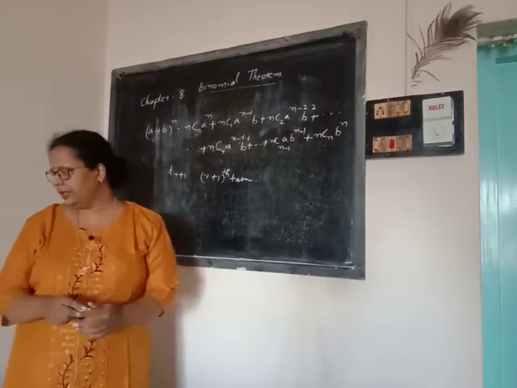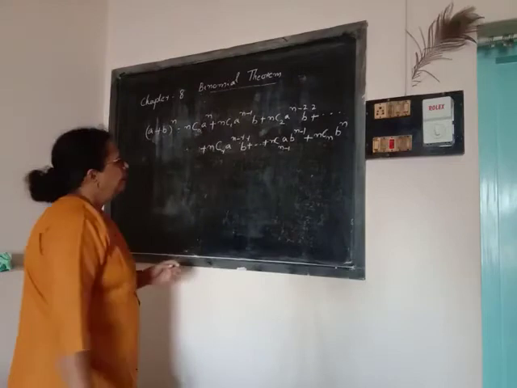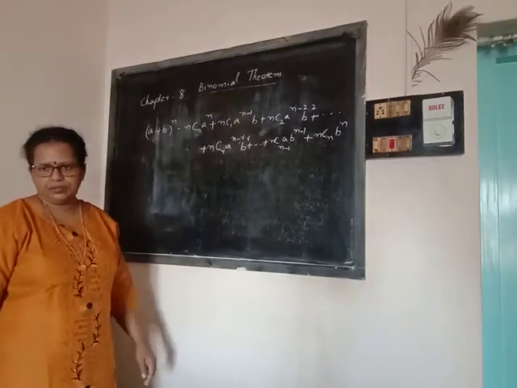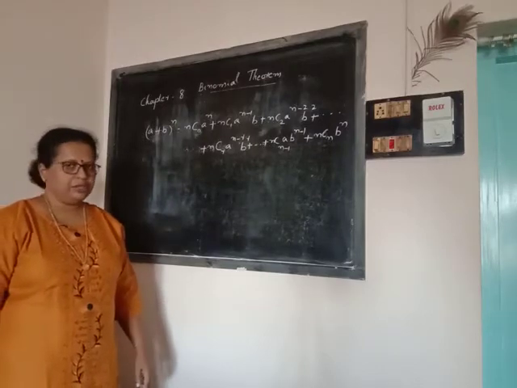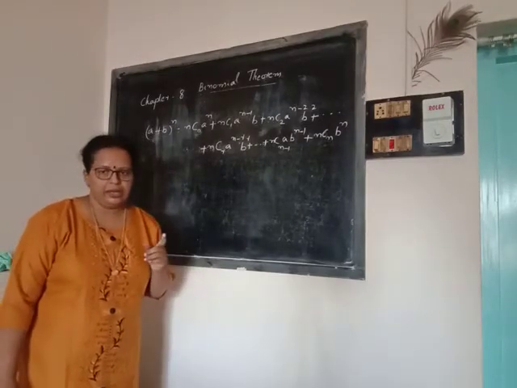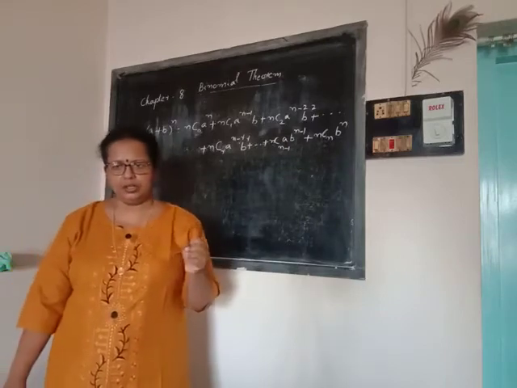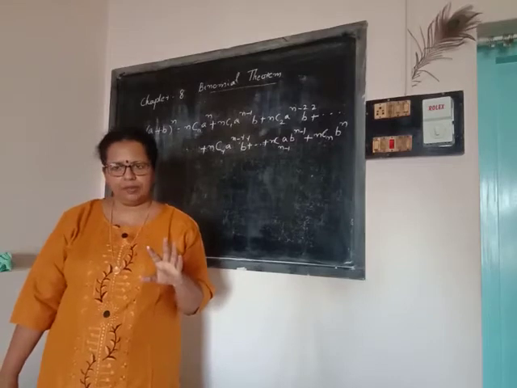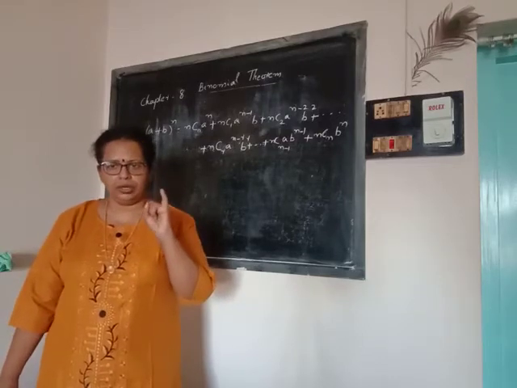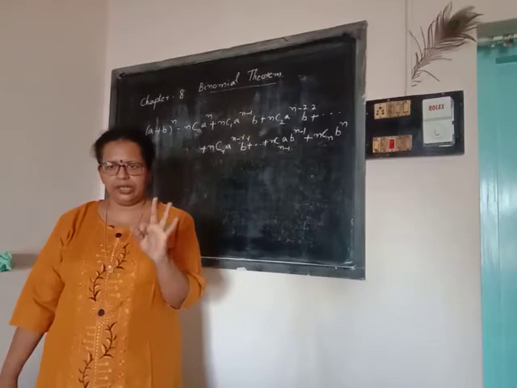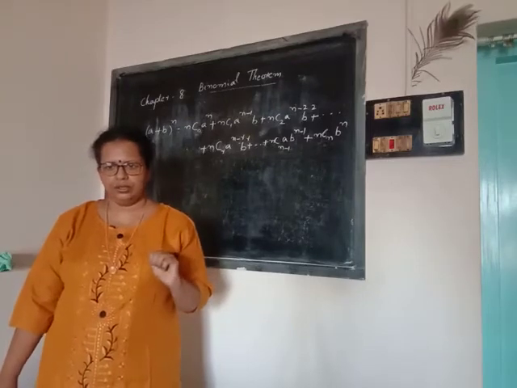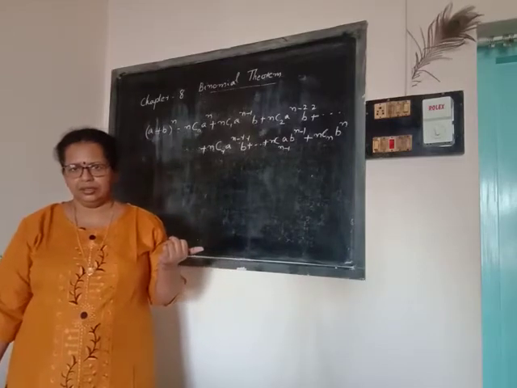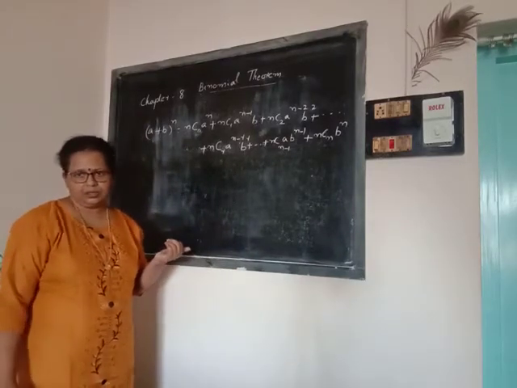By using this result, let us do one problem. One more thing I want to tell you. How many terms are there in the expansion of A plus B whole raised to n? Don't you remember in A plus B whole squared expansion, how many terms were there? A squared, 2ab, b squared, 3 terms. When you write A plus B whole cube, you got A cube, 3a squared b, 3ab squared, b cube, 4 terms. So when it is A plus B whole raised to n, how many terms will be there? There will be n plus 1 terms.